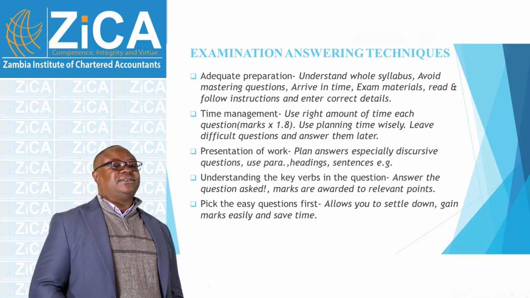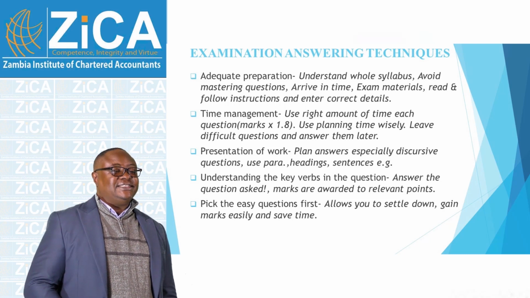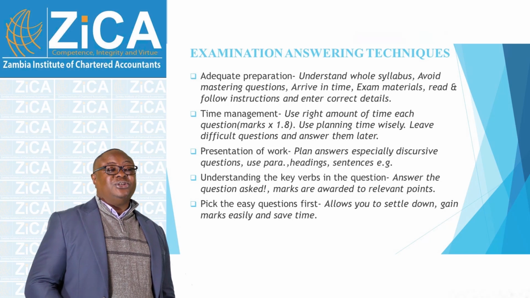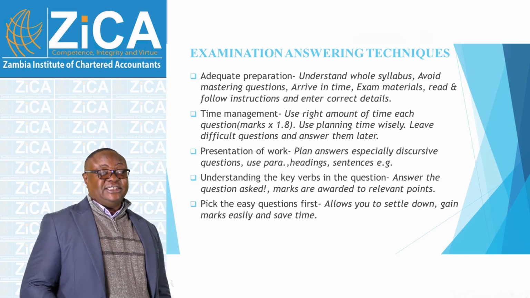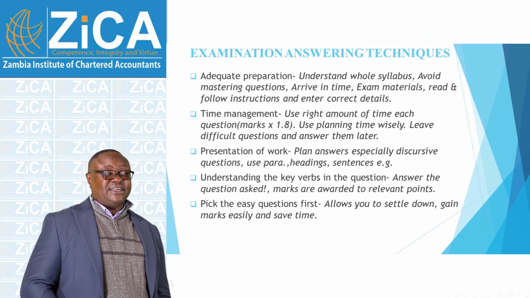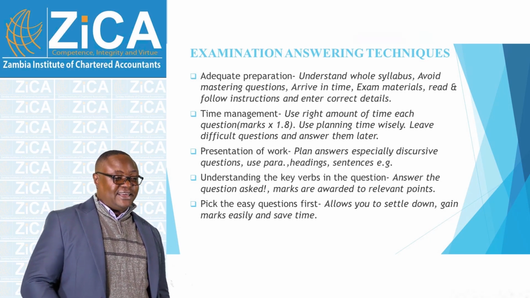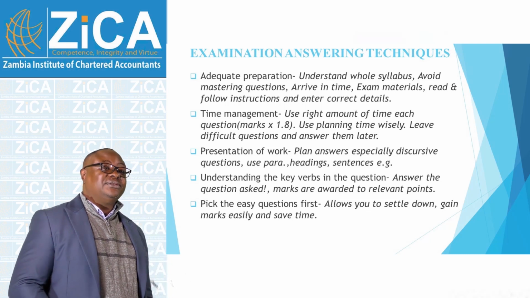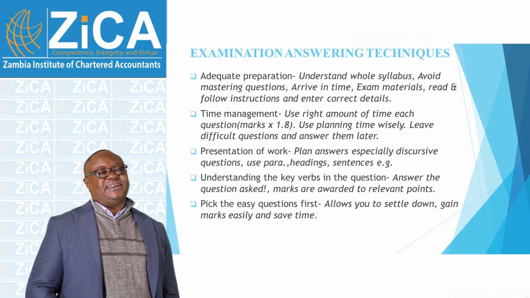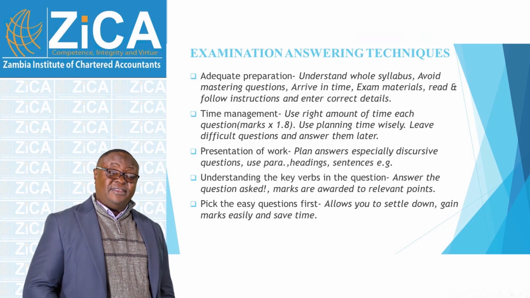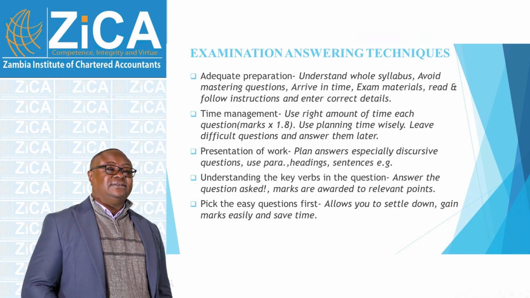There is an opportunity cost in that, in that you are losing marks, some easy marks elsewhere, for continuing answering a question whose allocated time has expired. Because you may be trying to finish or complete a 5 mark question when you can use that time to gain 10 marks elsewhere. That's an opportunity cost. And that's how students fail the exam, because they did not plan their time wisely.